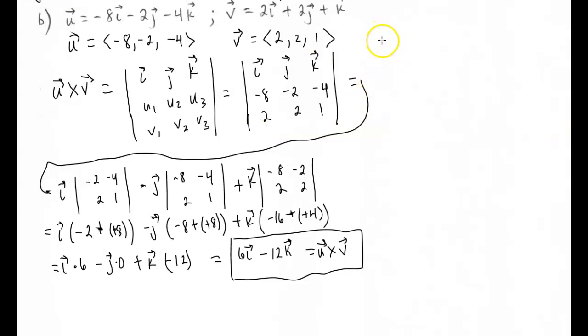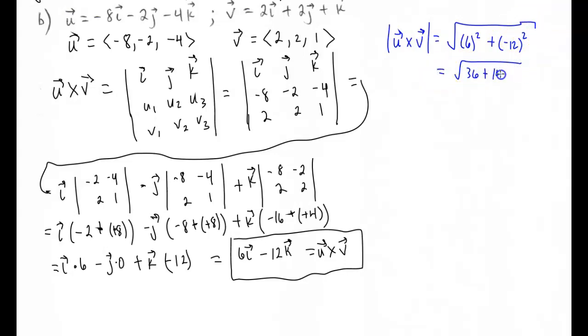So now that we have that, the magnitude of u cross v is just going to be the square root of the sum of the components squared. Okay, so this is the square root of 36 plus 144, and that's going to be the square root of 180.